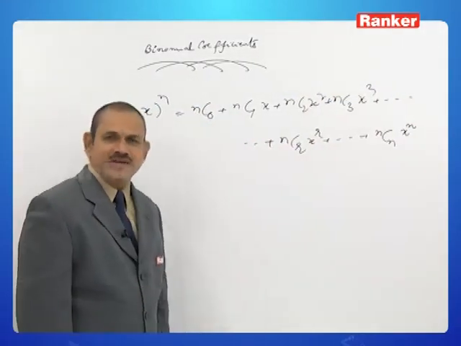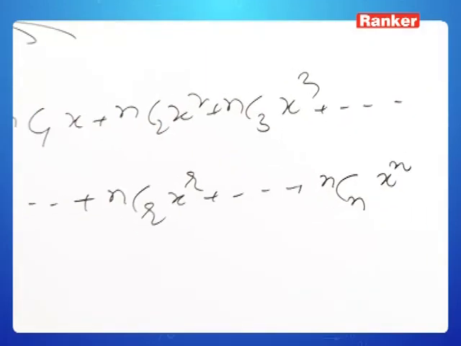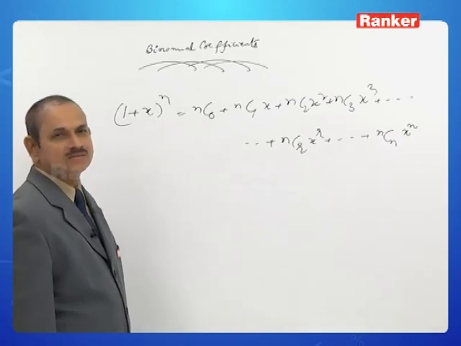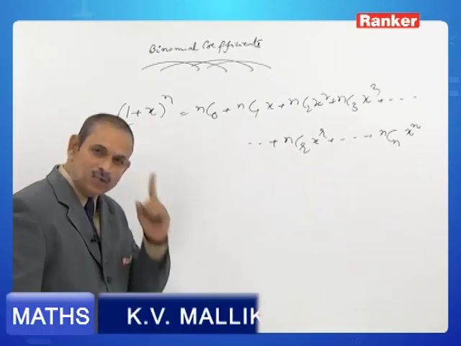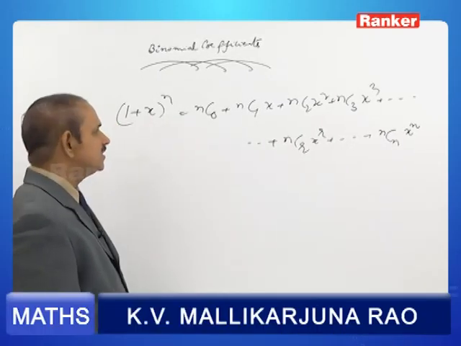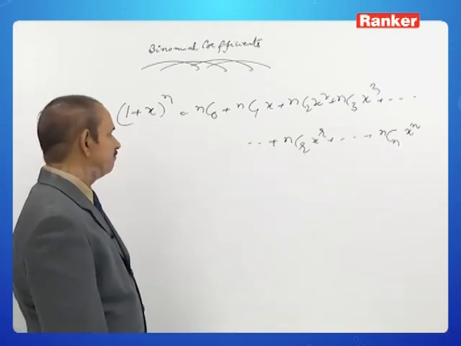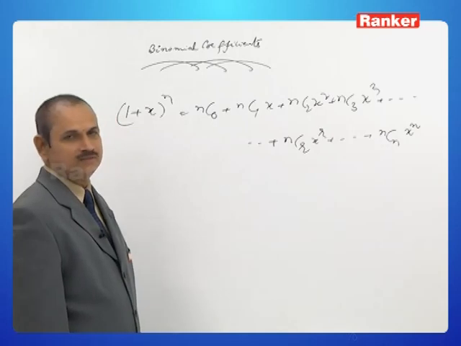What is special in it? Nothing special. Instead of two variables, we have only one variable x, and in the first place we have only 1. As a result, a very good convenience can be enjoyed by observing the terms here.